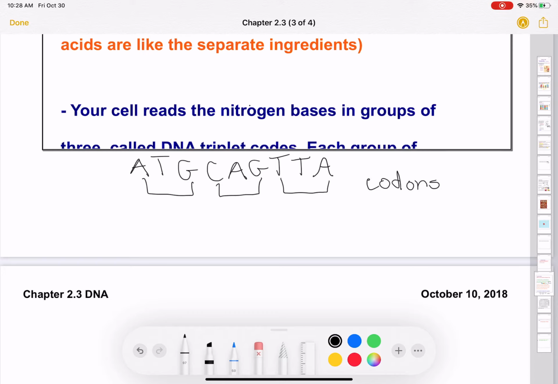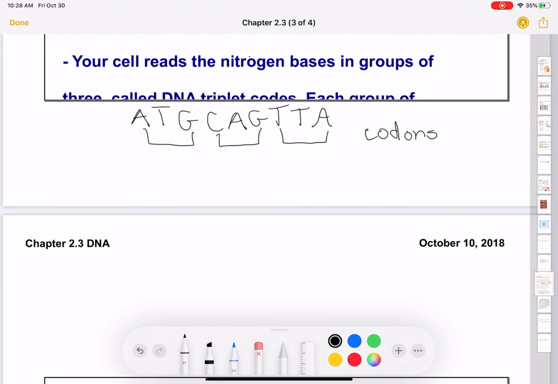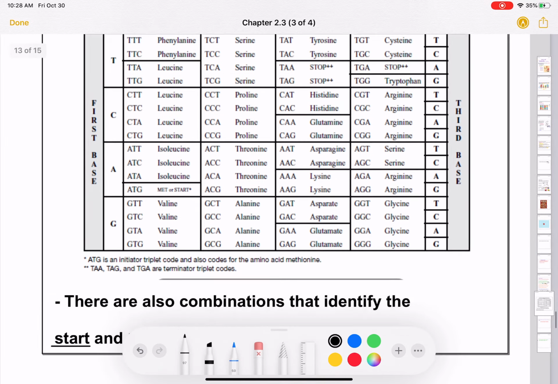So like it says, these specific proteins are found in our data booklet. So our Science 30 data booklet, you can find them in there. I also have it on this next slide.